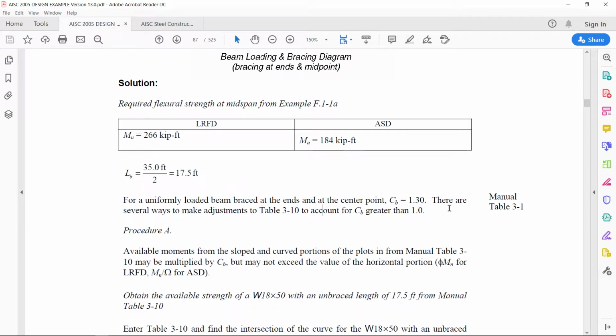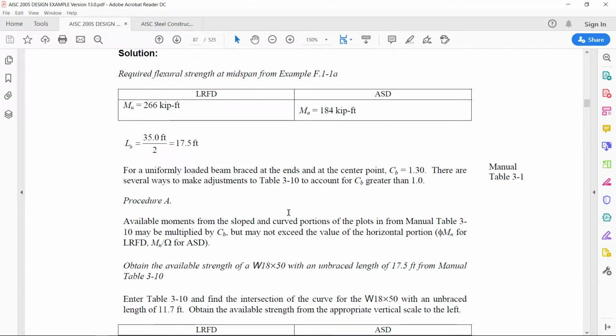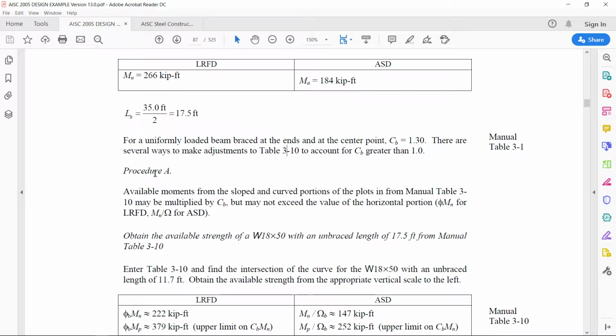Now there are several ways to make adjustment to table 3-10 to account for CB greater than 1. Now we can check what values are given in table 3-10. There is one procedure given over here.